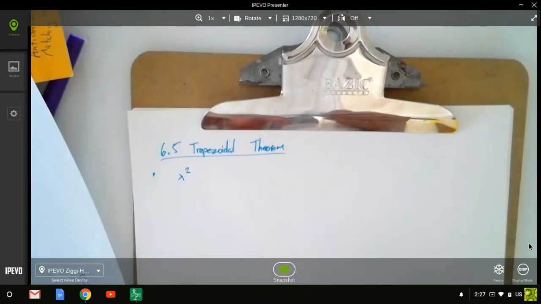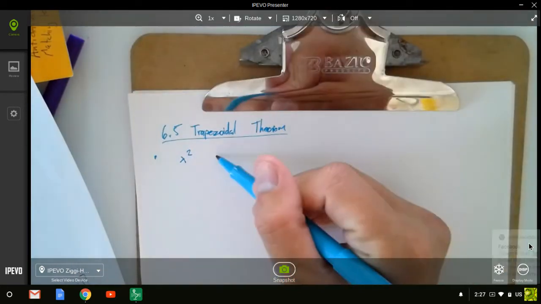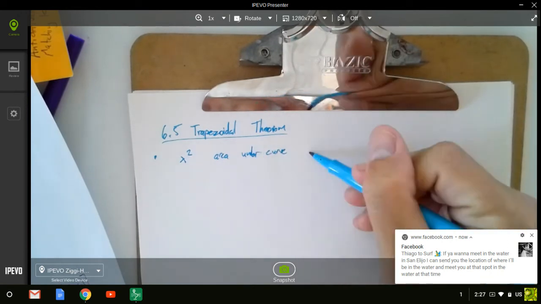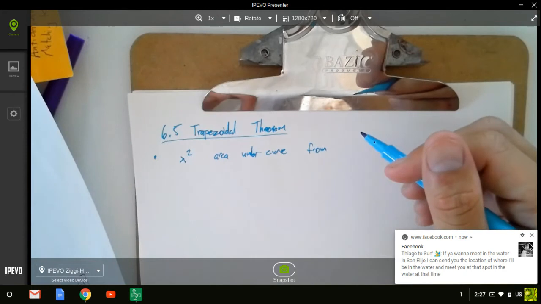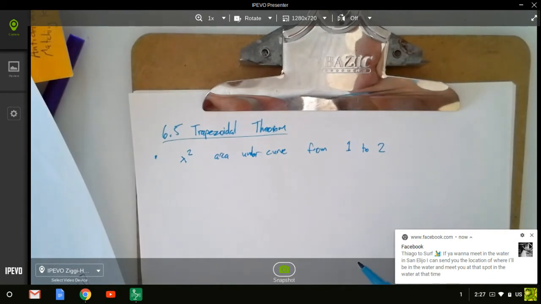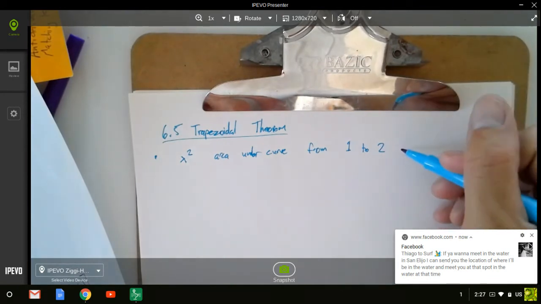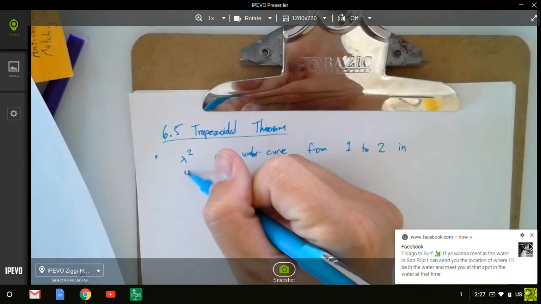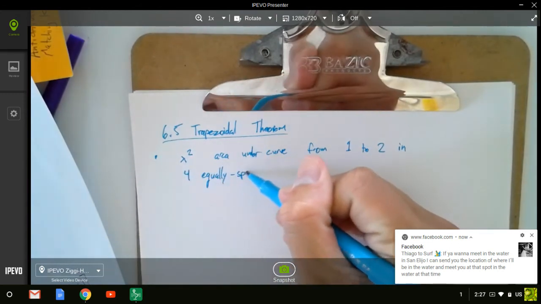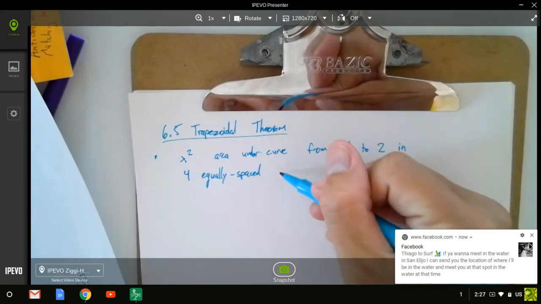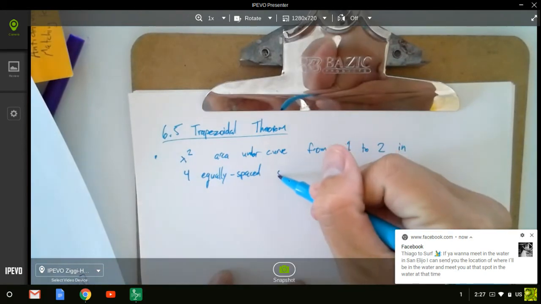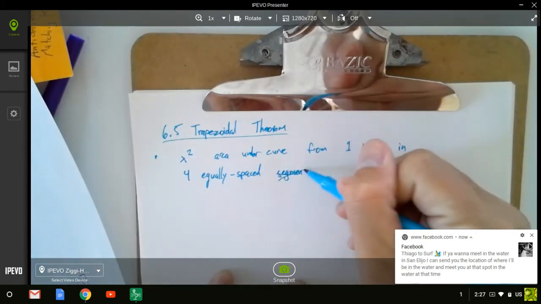So let's say I have x squared, and I wanted to find the area under the curve from 1 to 2, in 4 equally spaced parts, or equal width segments, or subintervals.